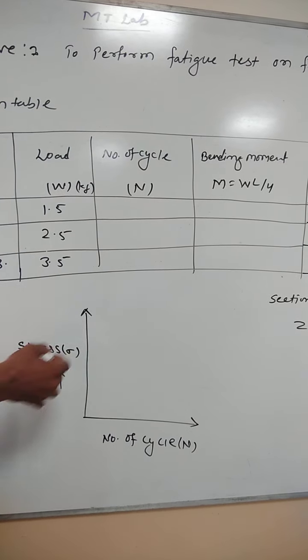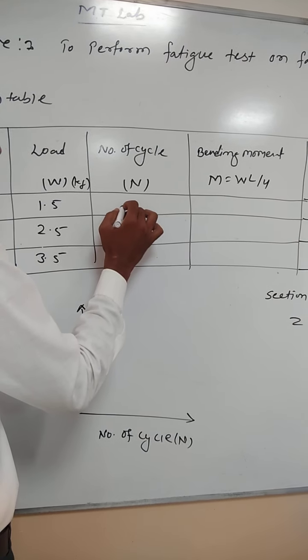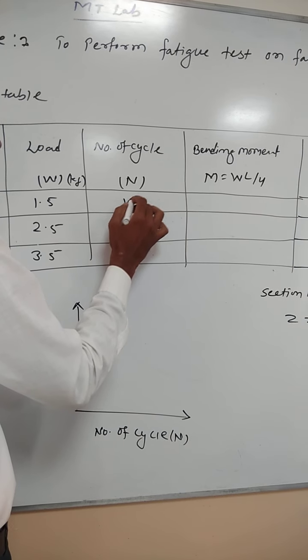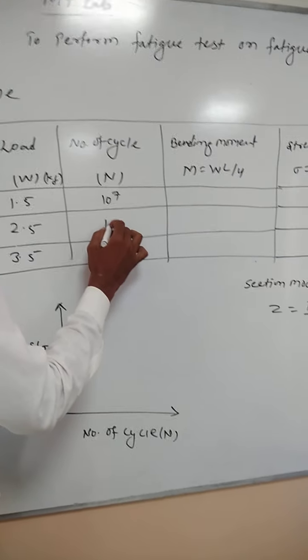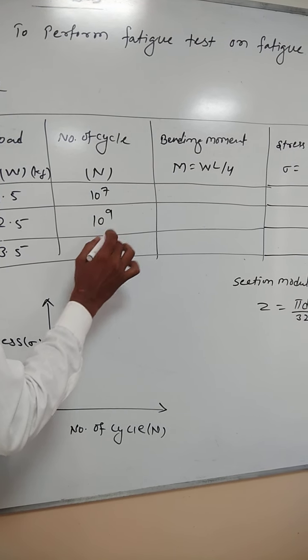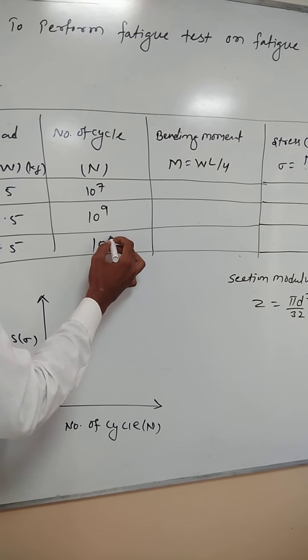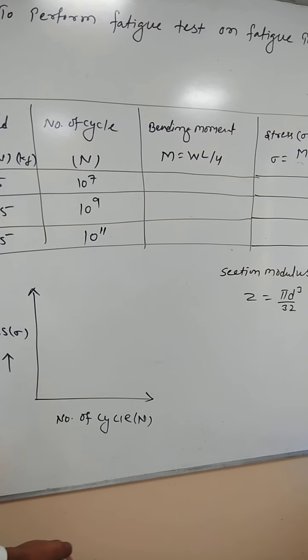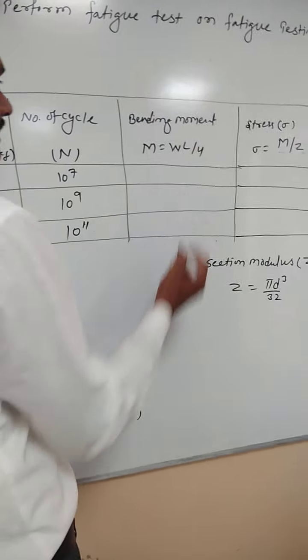The number of cycles we note from the machine, such as 10 to power 7 cycles, 10 to power 9 cycles, 10 to power 11 cycles. Then calculate the bending moment.